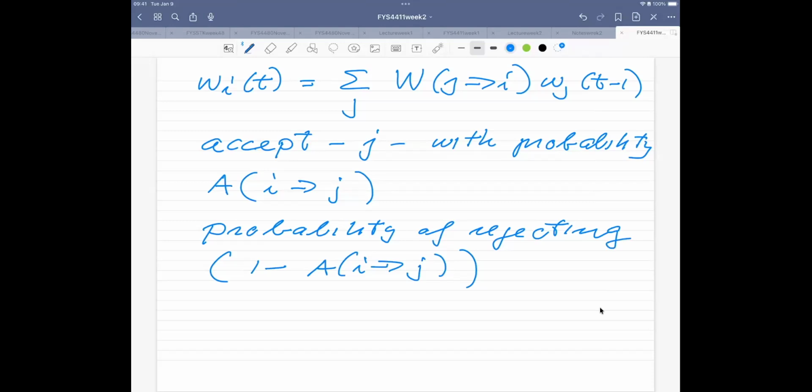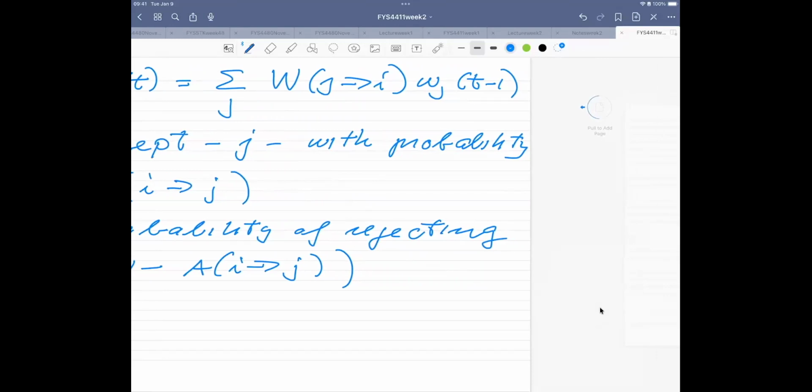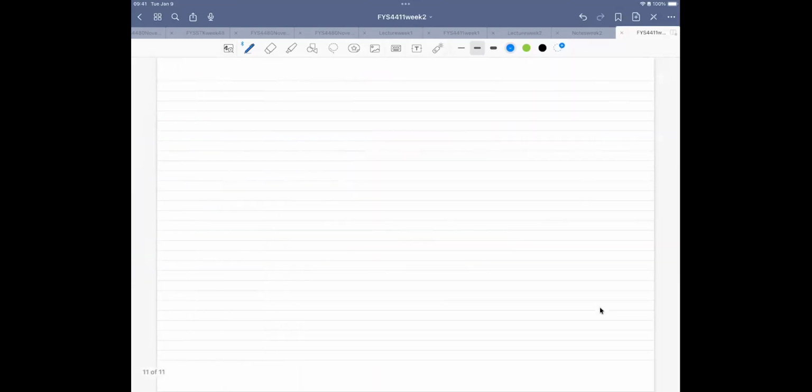So that means that I can rewrite the equation which I had for the Markov chain in a slightly different way. So this is just a manipulation of the equations which we have for the Markov chain. So what I'm doing then is simply to rewrite that probability at a time t in terms of a probability of accepting and rejecting. So I have a sum over j, and then I have my W_j of t minus 1. This is the state I am in.